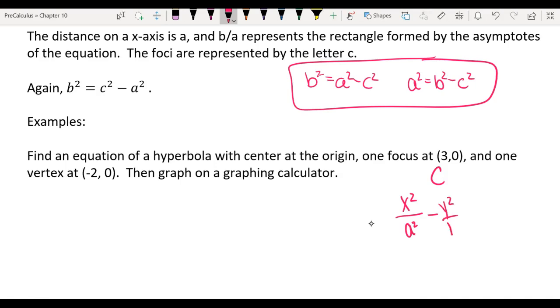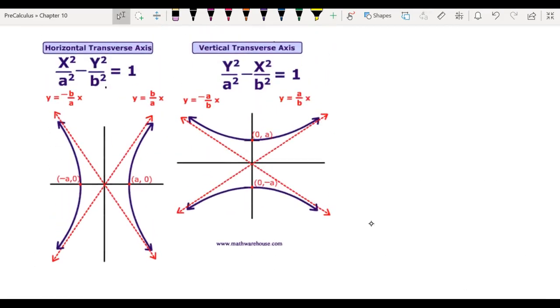Let me write it down first and then I'll explain it. Okay? The reason that we know that it's this way is because your x-coordinate is 3, meaning your focus is on your x-axis, meaning that if your focus is on your x-axis, it has to curve like this.